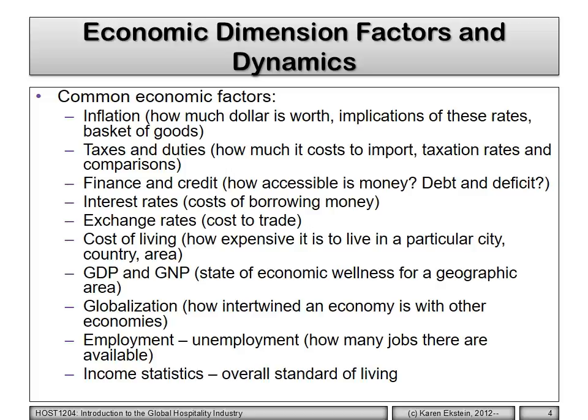We don't have to get too deeply into it. But we do want to recognize that when we're analyzing the economic dimension of Pestle, these are some of the things that we're going to be looking at and trying to pin down and understand how they might affect the business environment as a whole.